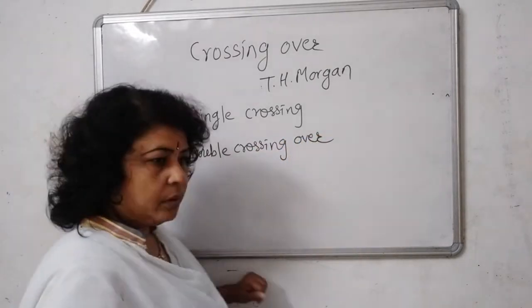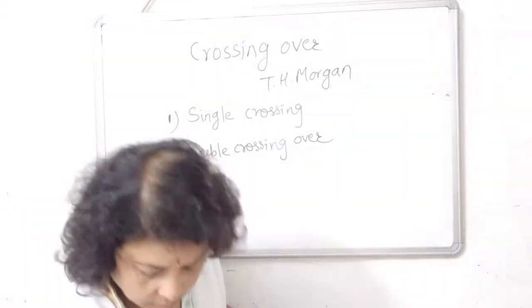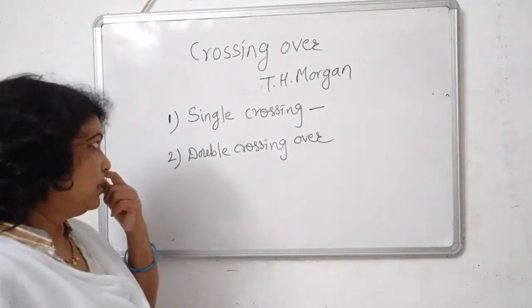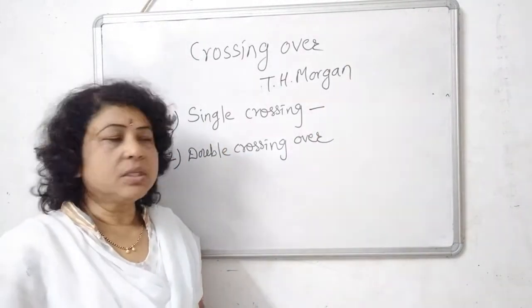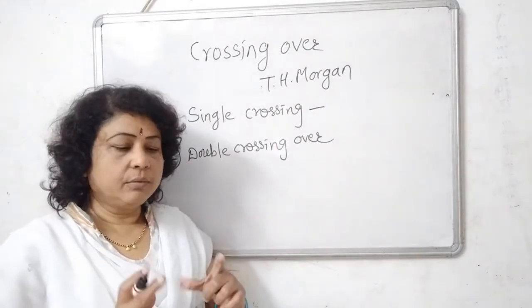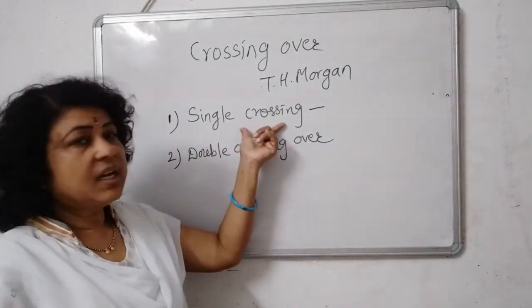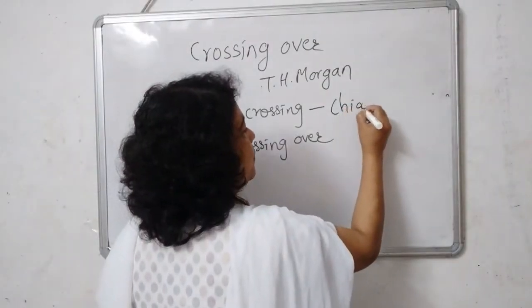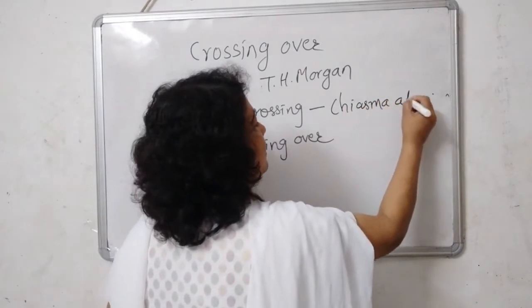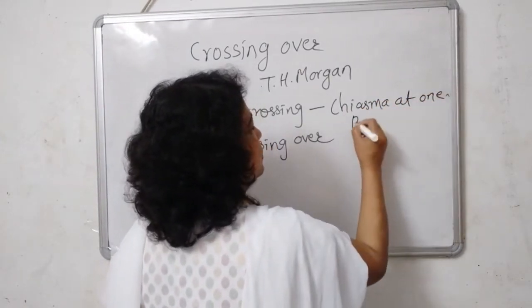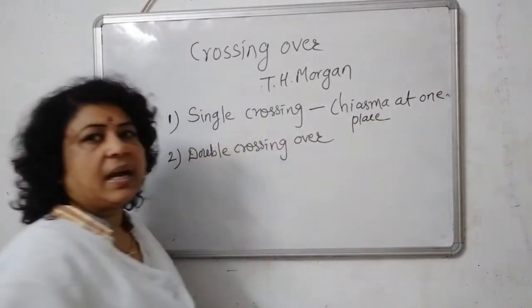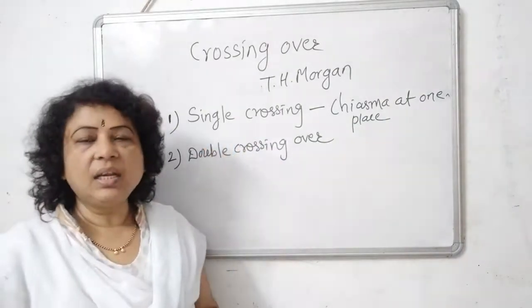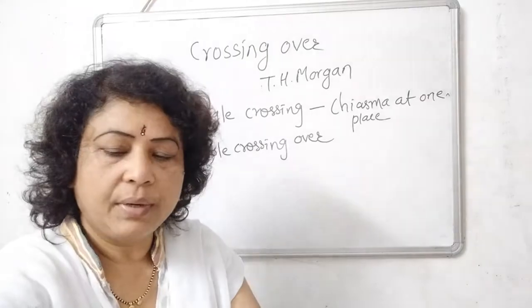The single crossing over means that two chromosomes are involved in crossing over, but the chiasma is produced at only one place. When chiasma is produced at one place only, it is known as single crossing over. We will draw a figure here.